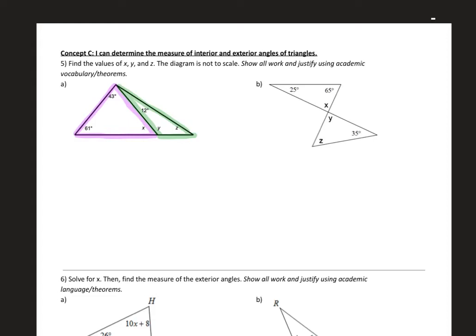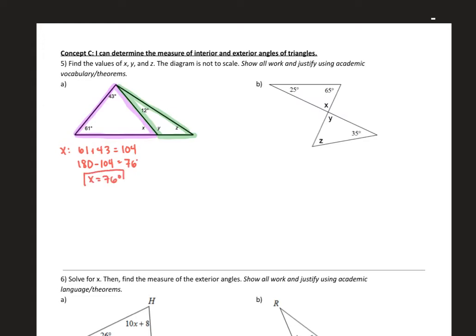So since there are 180 degrees in a triangle, to solve for x, we're going to add 61 plus 43, which is 104, and then we're going to subtract from 180. So 180 minus 104 is 76 degrees. So x equals 76 degrees.